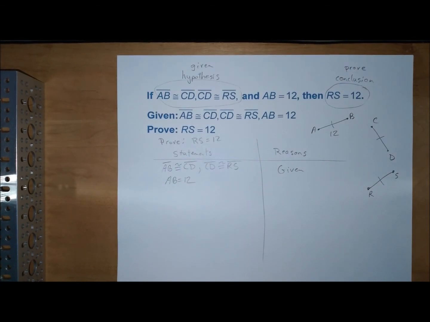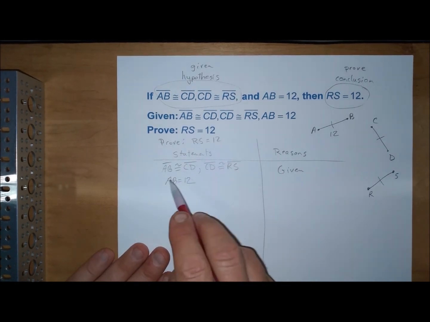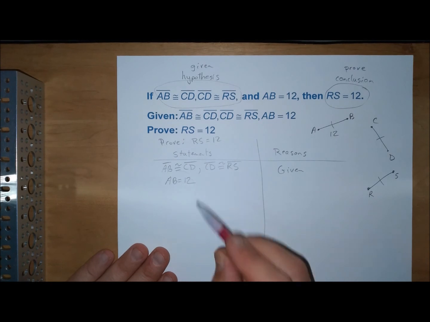Where do we go from there? Well, we could use the substitution property of equality, if we had maybe some more algebraic statements. The only algebraic statement we have here is AB equals 12. But what about the fact that segment AB is congruent to segment CD?